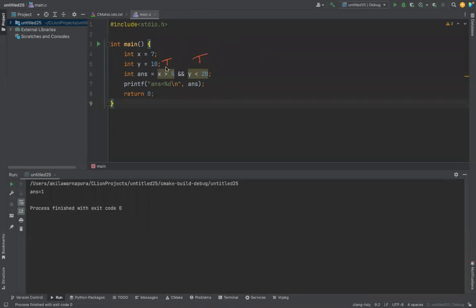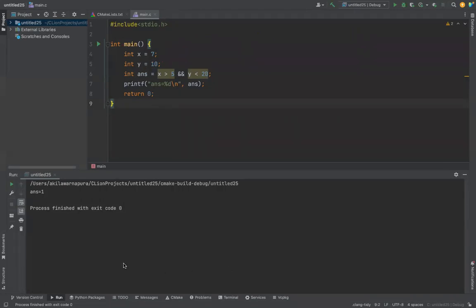True means this expression returns 1. X greater than 5 returns 1 because it is true. Y less than 20 is also true, therefore this expression also returns 1. Now, AND operator, 1, 1. Both sides are 1, therefore the output is 1. So this 1 is assigned to the variable answer. Then answer is 1.